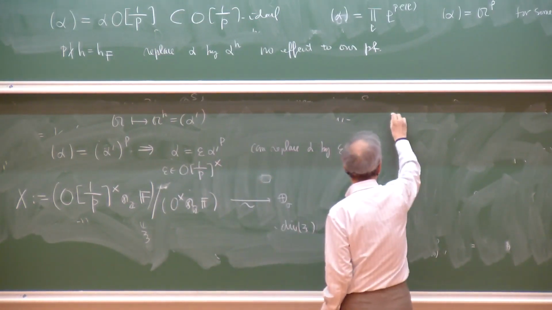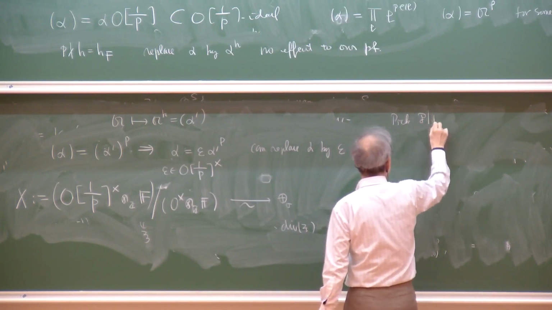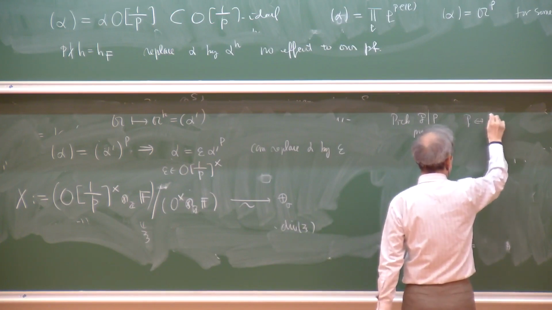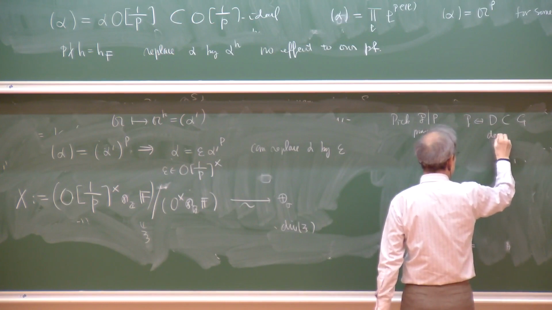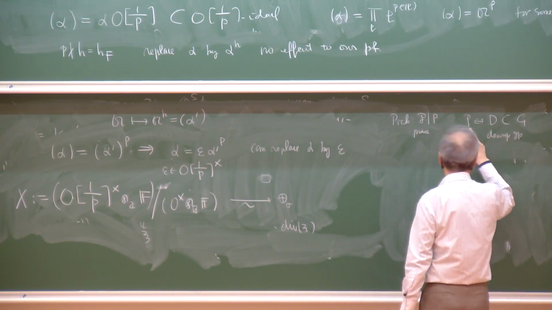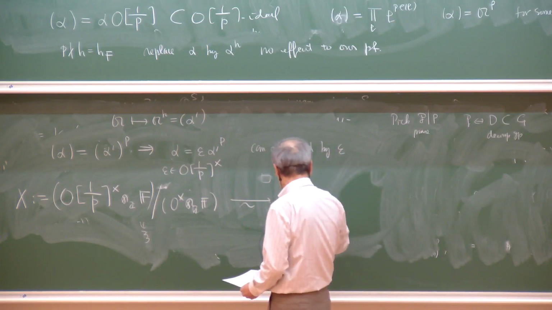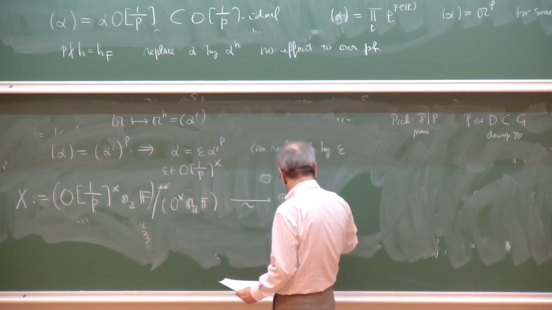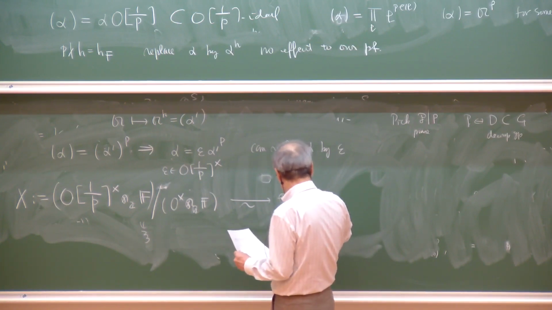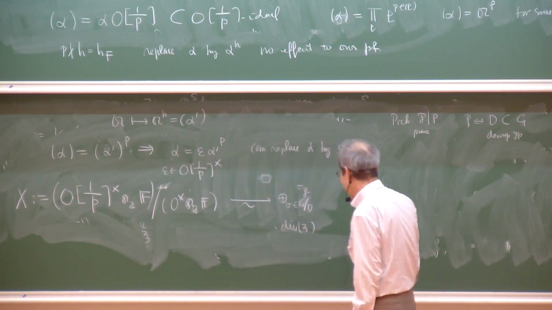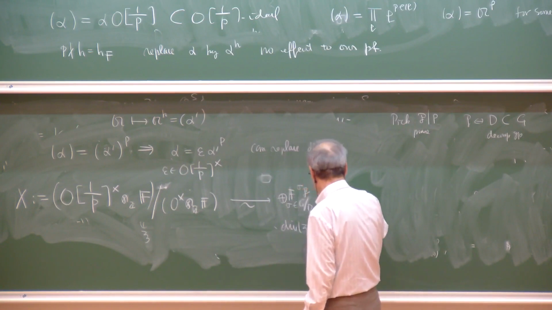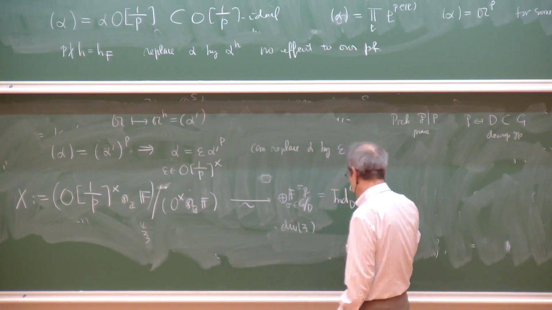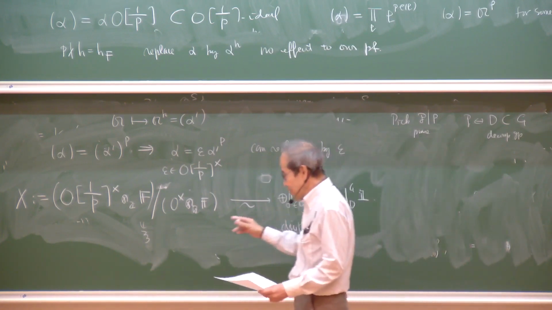So I pick a prime P dividing p, and the decomposition group is D inside G. So all other primes P sigma, so G over D, I act sigma from the right side times F. So this is an induced representation as a Galois module from D to G of the identity. That's a Galois module.